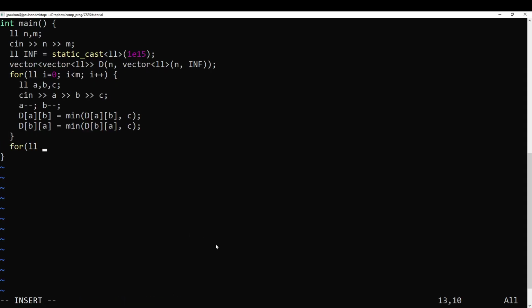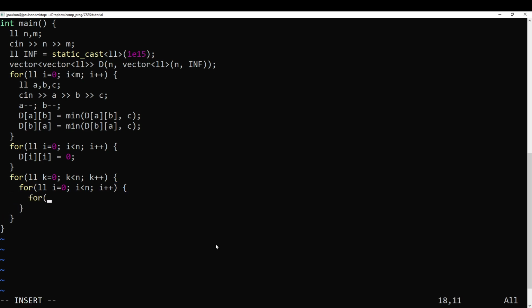We also want to set the diagonal to 0, because you can get to yourself immediately. And now we can run Floyd-Warshall. For every intermediate vertex k, from 0 while k is less than n, k plus plus, then for i from 0 to n, and j.